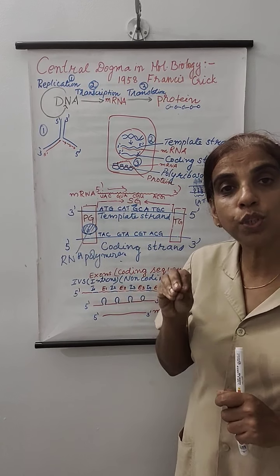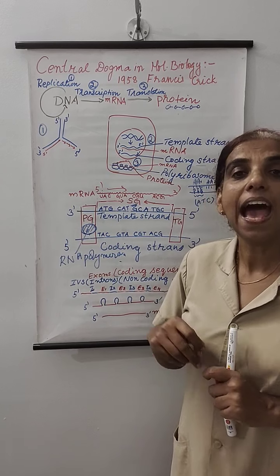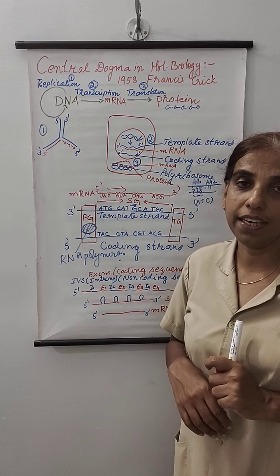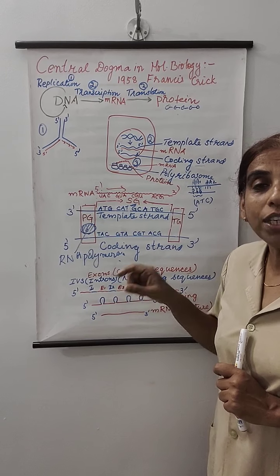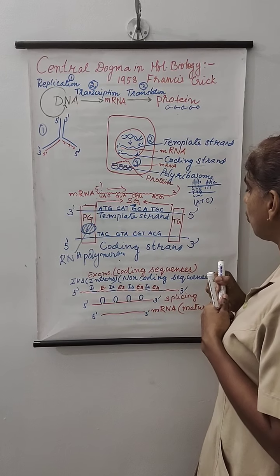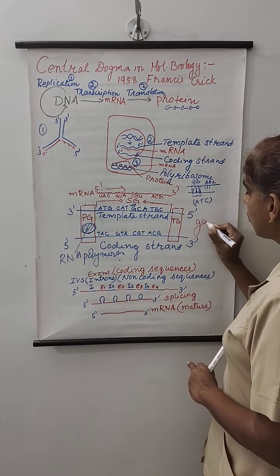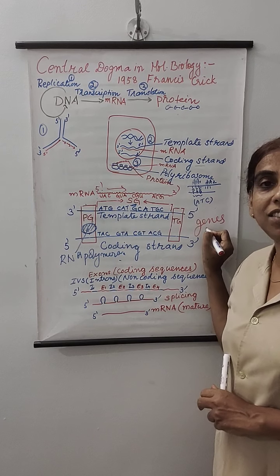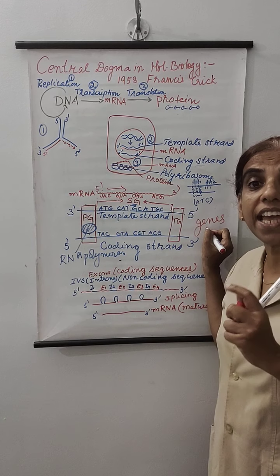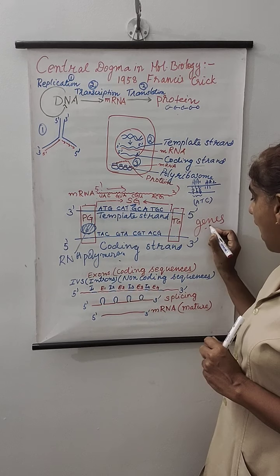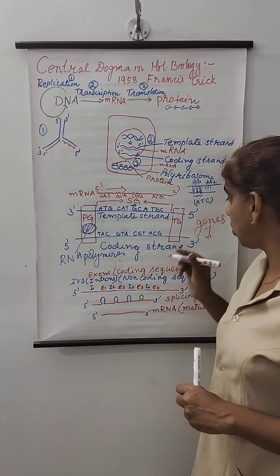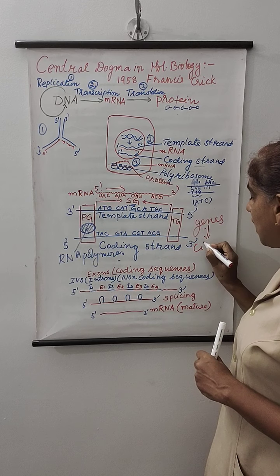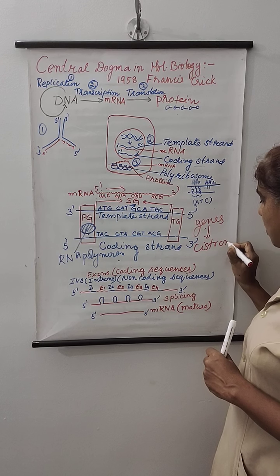When we look at eukaryotic DNA as well as prokaryotic DNA, the segments of DNA you call genes. You have studied that genes are the definite segments of DNA, and in a modified version, genes are technically called cistrons.